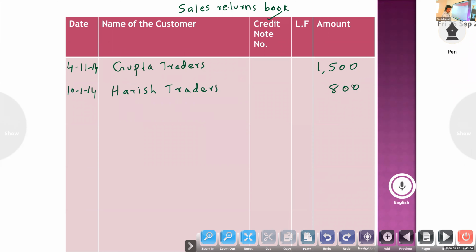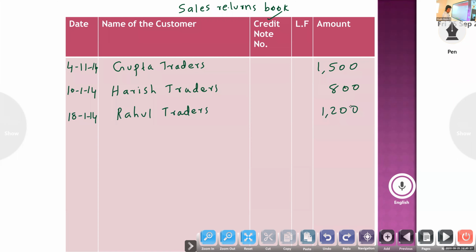Next, Rahul Traders returned the goods, date 18. Rahul Traders, amount 1,200.